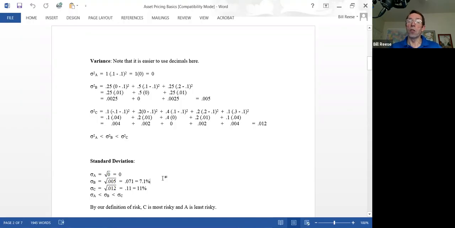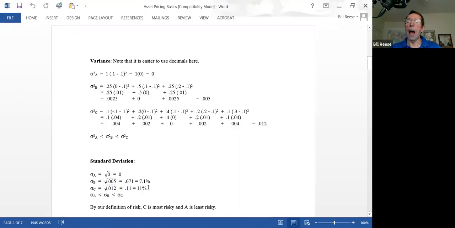So we say the standard deviation of stock B is 7.1%. It's not wrong to say it's 0.071, but it's just the way it's typically done. In finance, when we're talking about returns, we typically express the variance as a decimal and the standard deviation as a percentage. Then for stock C, we see that the standard deviation is going to be 11%.